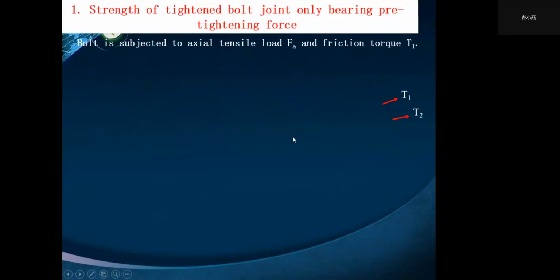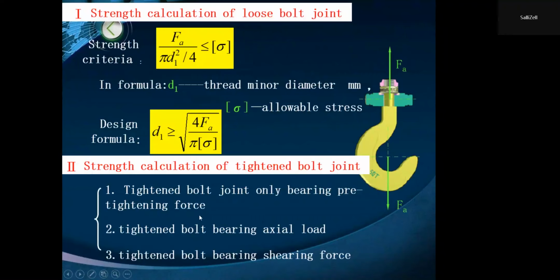Teacher, can you go over that one again, please? The last part, this side. The third? No, it starts from 1, 2, 3. 1. The tightened bolt only bearing preload.